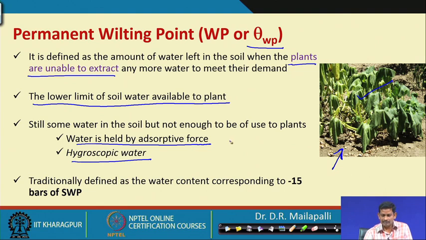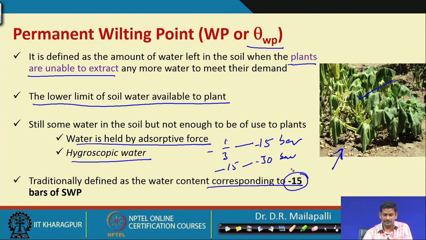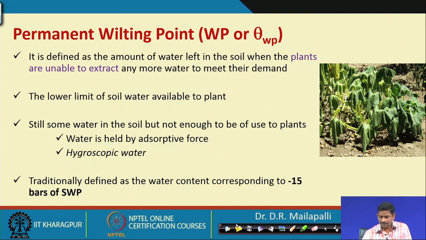That means 1/3 to 15 bar, of course negative, is available to the plant, whereas minus 15 to 30 bar is not available to the plant. Traditionally it is defined as the water content corresponding to minus 15 bar, and this is called the wilting point.